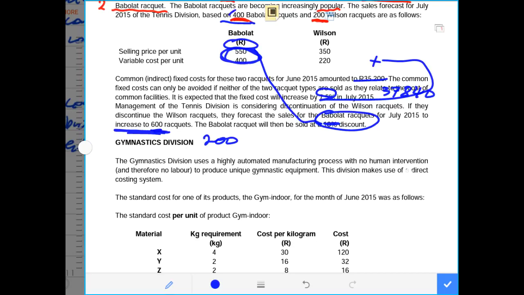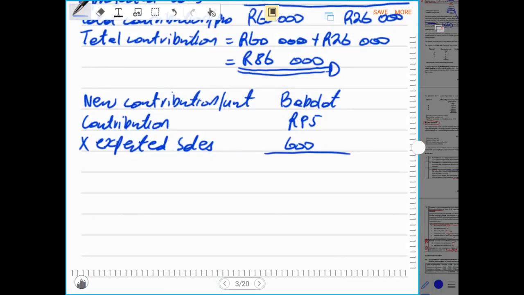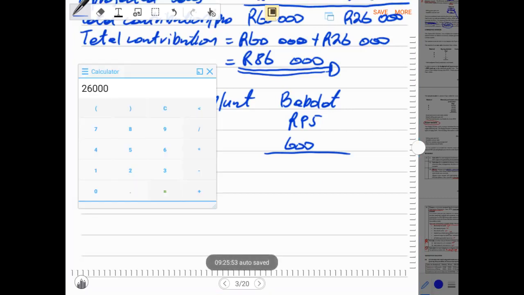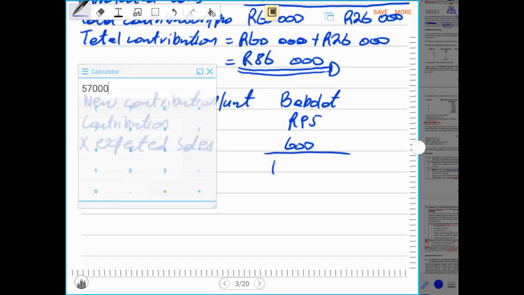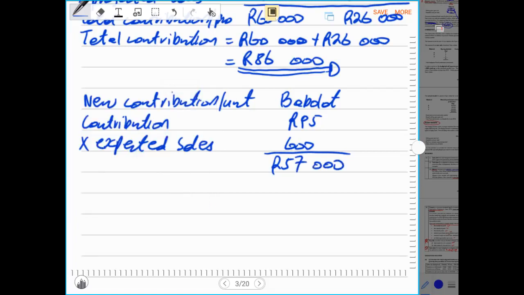Don't forget, 400 plus 200 is an increase to 600. So now we multiply 95 by 600, and this will give us 57,000 rands. This is the portion that will contribute to our fixed cost. So now we get to our total contribution for product Barbolat.